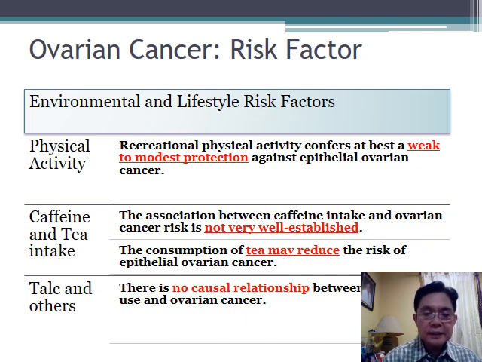A Japanese study found that application of talc in the perineum increases the risk of ovarian cancer. However, subsequent investigation found that there is no causal relationship between the use of talc and the risk of ovarian cancer.